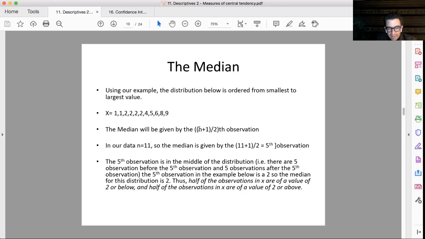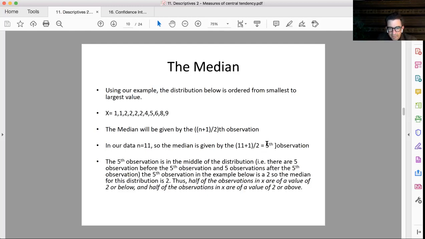We just put 11 in it. So 11 plus 1 is 12, divided by 2, that's 6, not 5. So 1, 2, 3, 4, 5, 6, that is our median.